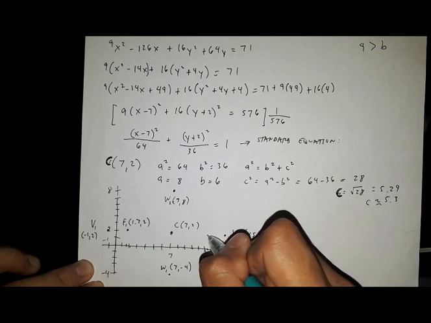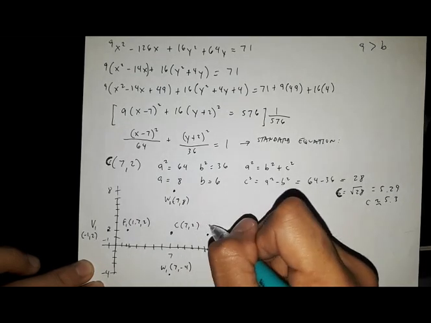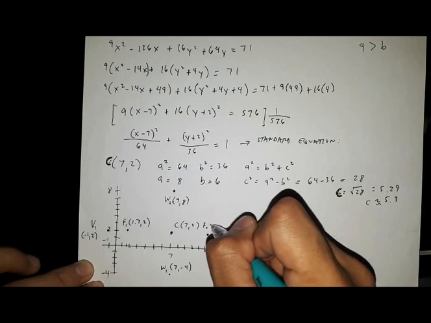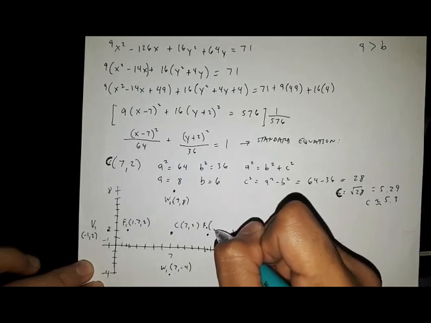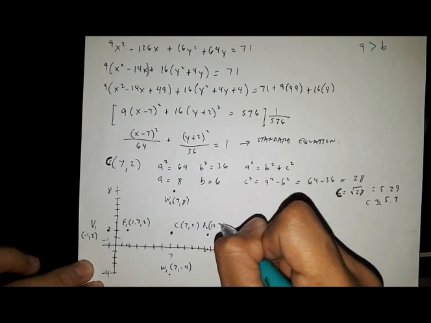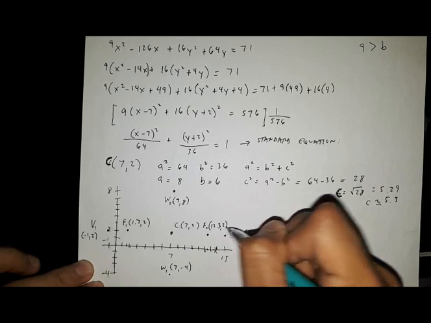So you have here F2 having coordinates of 12.3 and 2.